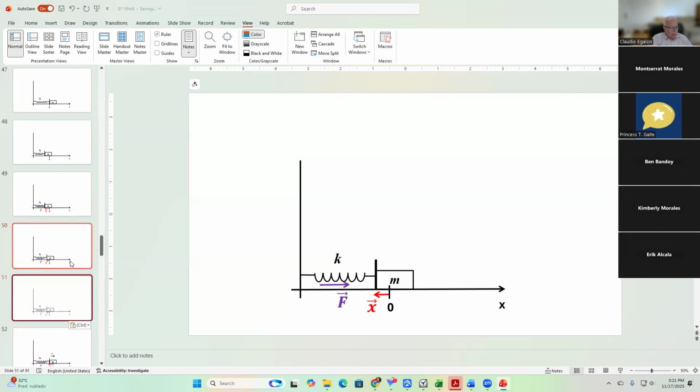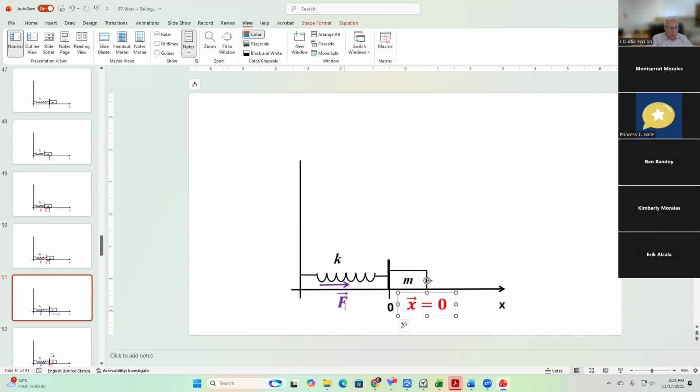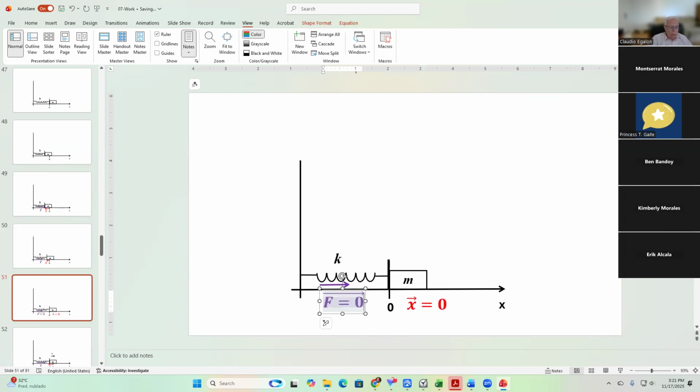A little bit later on, the mass is going to be here, at the position of equilibrium. The plate that is attached to the spring is also going to be at the position of equilibrium. The displacement is going to be 0, and the force is going to be 0 as well.